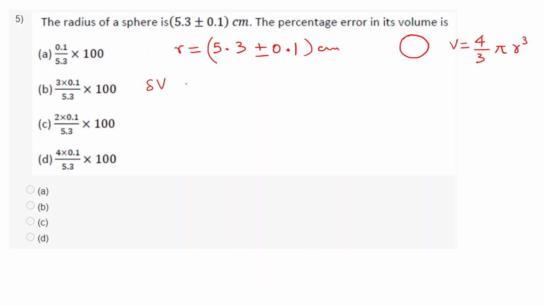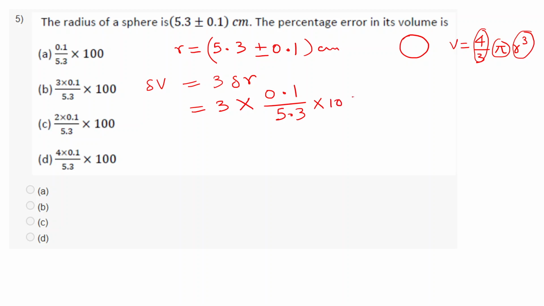So the percentage error in volume will be, 4/3 is a constant, pi is also constant, so radius is the only variable we have. So this will be 3 times the percentage error in radius. What is the percentage error in radius? 0.1 divided by 5.3 multiplied by 100. Let's not forget 100 here.